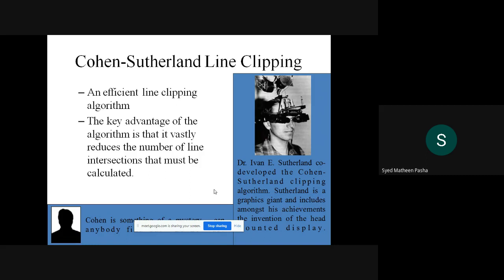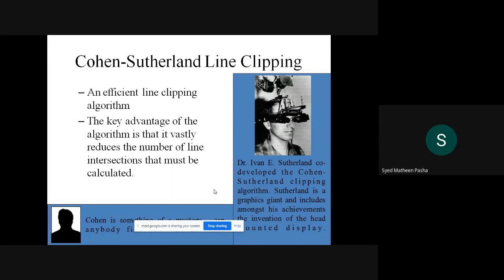Then what is the basic logic of this particular algorithm? The algorithm divides a 2D space, that is, whatever line you are defining in a particular dimension, you require some dimension, right? So the Cohen-Sutherland line algorithm basically divides a two-dimension space into 9 regions.